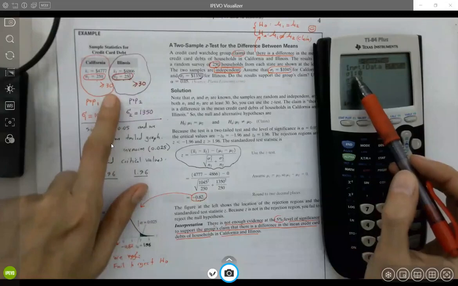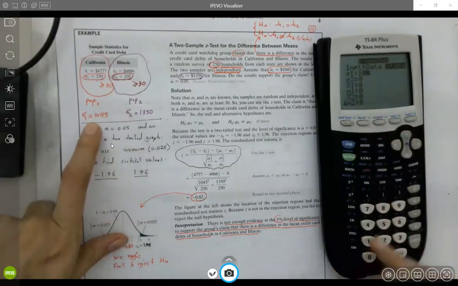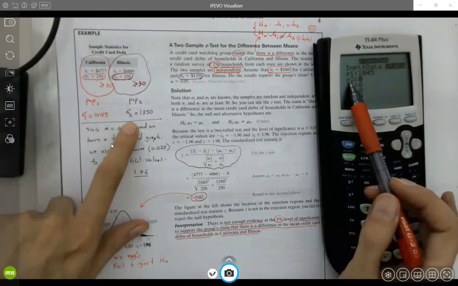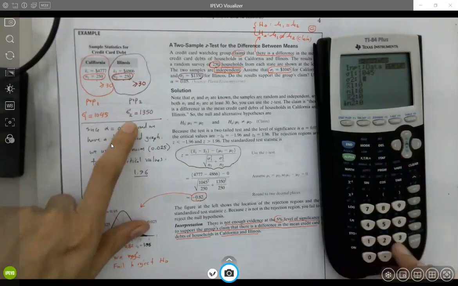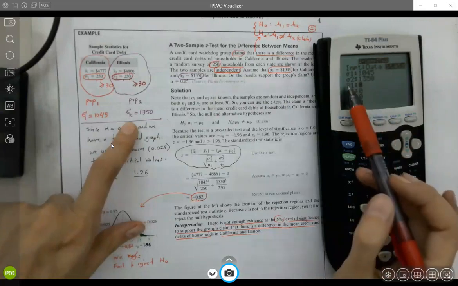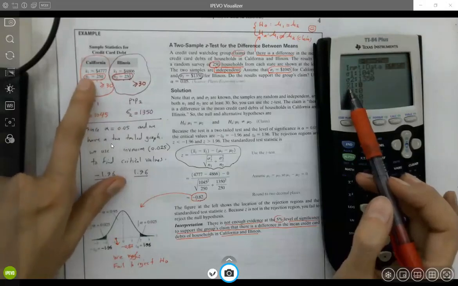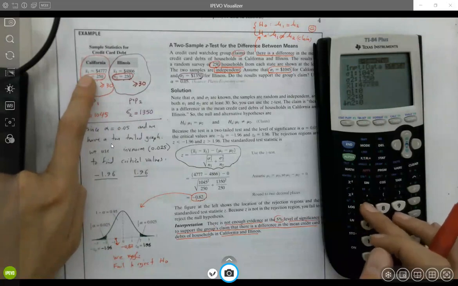What is sigma sub 1? What is the first population standard deviation? Very well, 1045. What is sigma sub 2? The second population standard deviation. Excellent, 1350. Okay, what is x bar 1? The first population sample mean is 4,777.